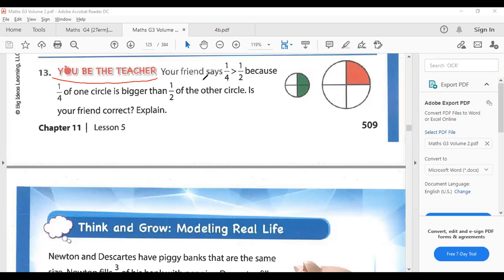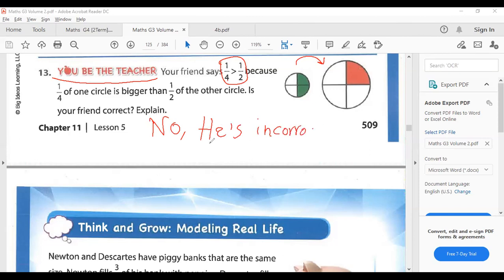1/4 greater than, it is here in this circle. Yes, the friend is wrong. 1/2 is bigger. Excellent. He is incorrect. The answer will be no. Why?